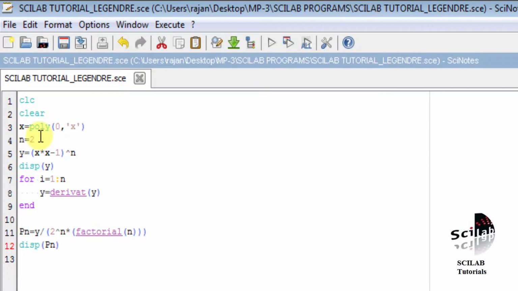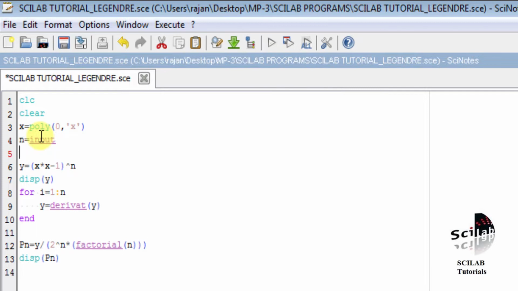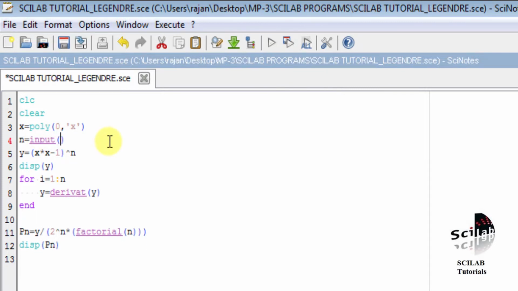Now, by changing the value of n, we can generate any order of the Legendre polynomial. Right now we are taking the value of n from the editor only. Now we will take the value of n from the user. So for that we will use the input command and write the message, enter the value of n.